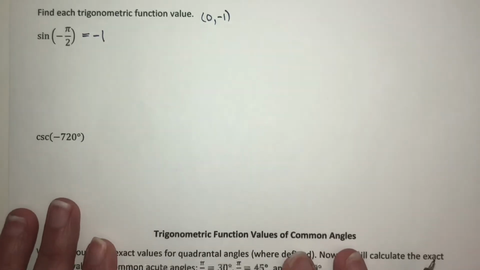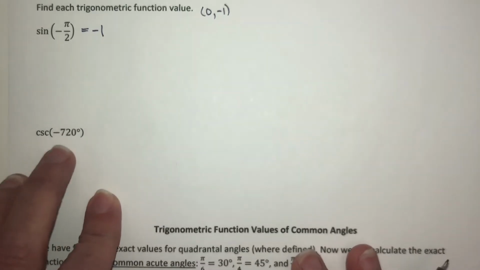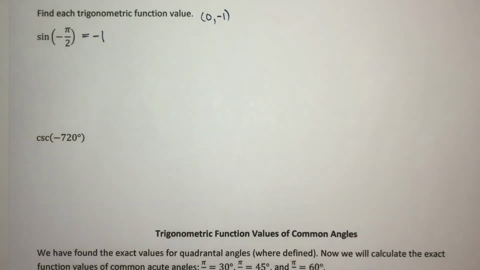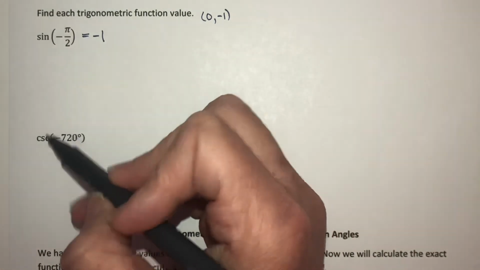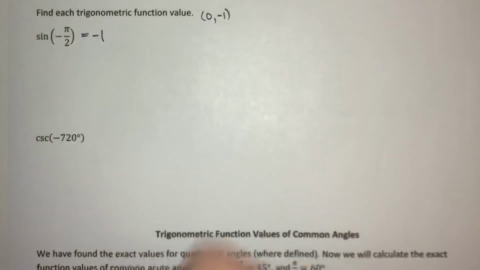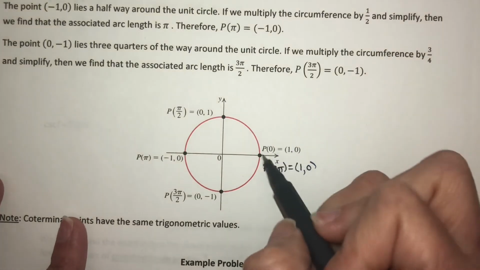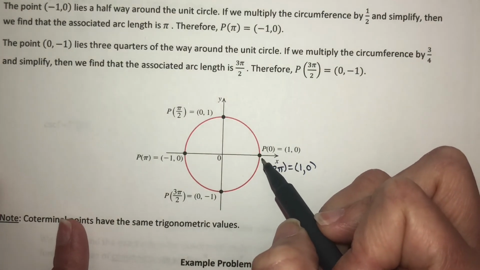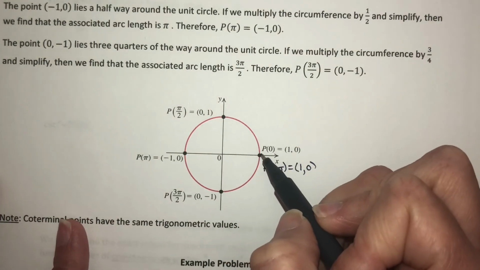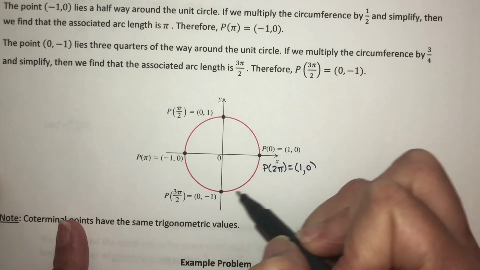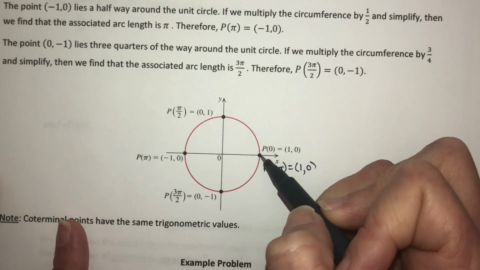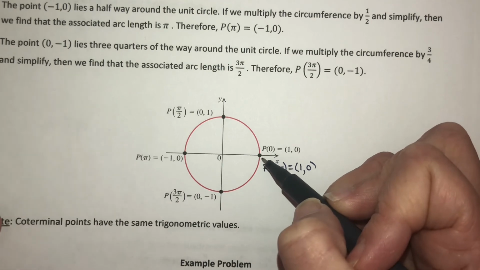Now if we're talking about cosecant of -720 degrees. The first thing we want to do is figure out what point this is coterminal with. If I start here and I travel around this way, that would be -360. And then if I travel around again, that gives me -720.